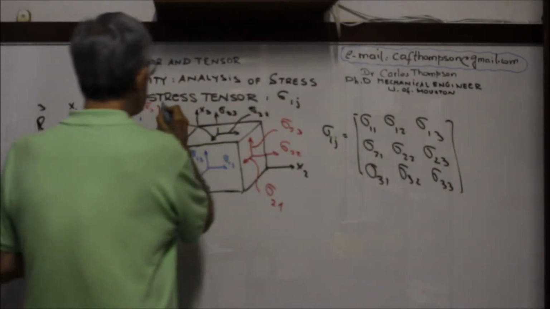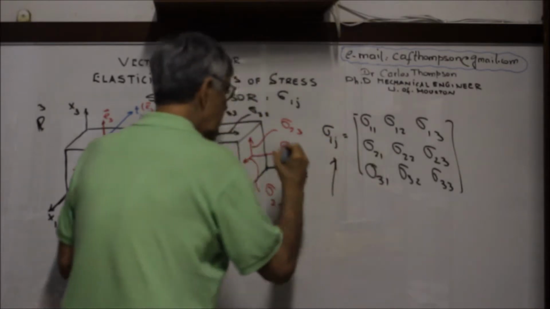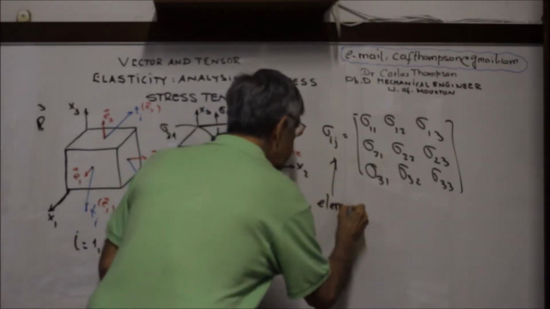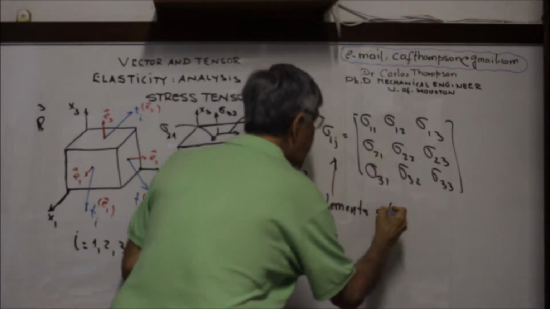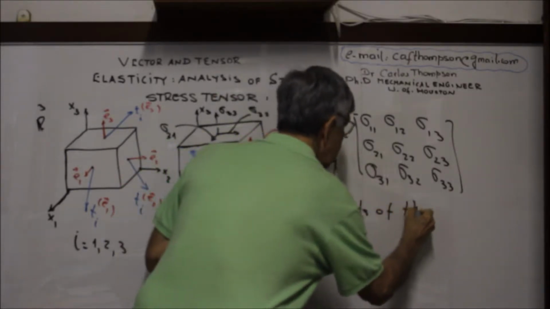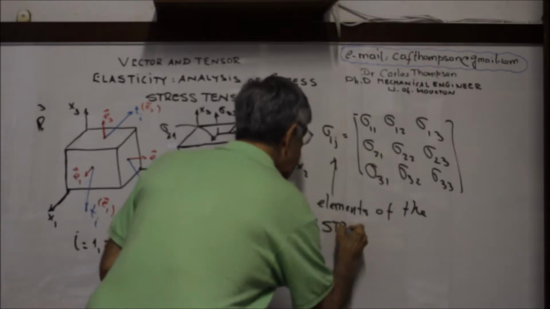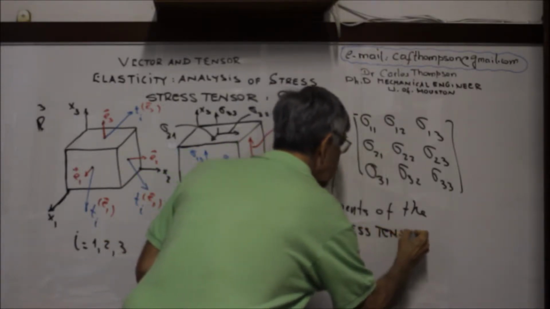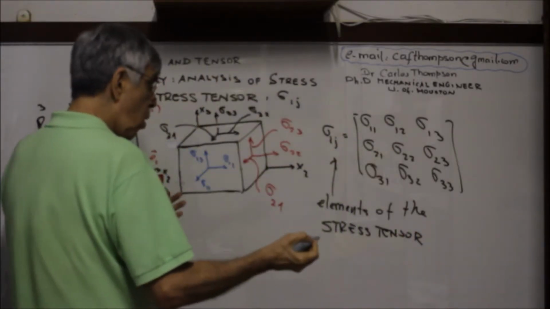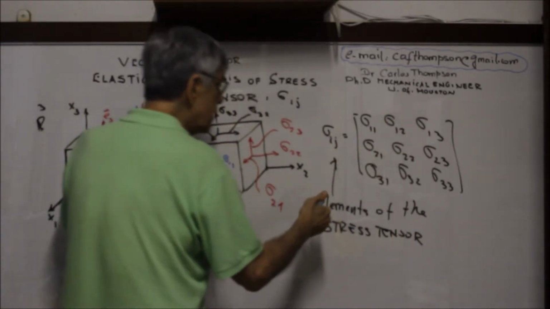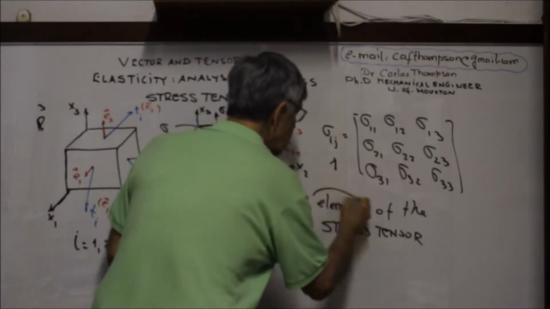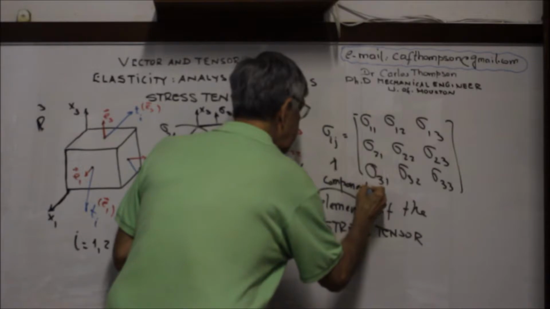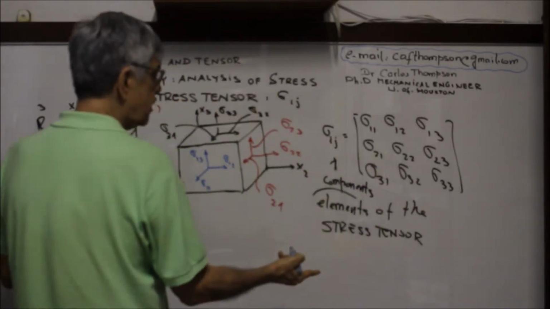This is a stress. Now we can write, see, element of the stress tensor. Or we see elements, we always use this word, components of the stress tensor.